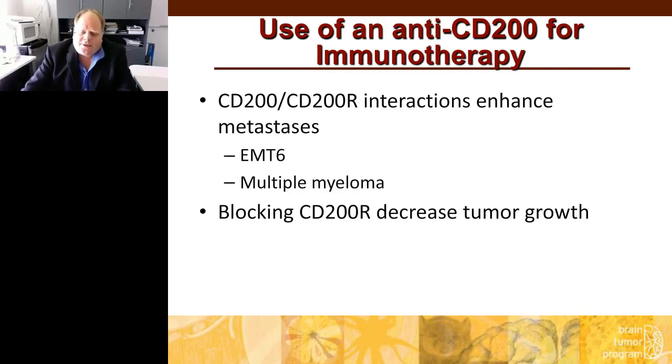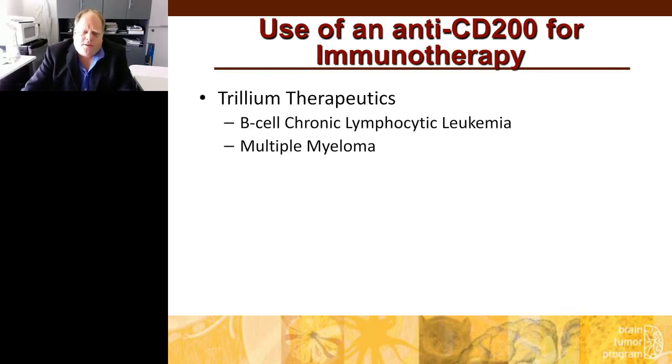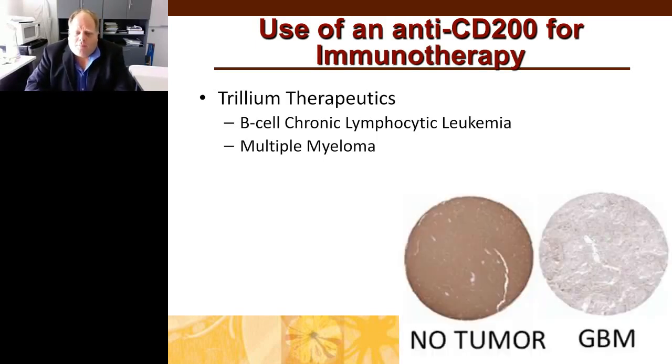Although, like I said, there's a little bit of controversy over that, and we're trying to figure it out right now. So there have been clinical trials using an anti-CD200 where this company targets the CD200 on the tumor itself in B-cell chronic lymphocytic leukemia and multiple myeloma. However, there's not much talked about, or there's no follow-up on the outcomes of this program.